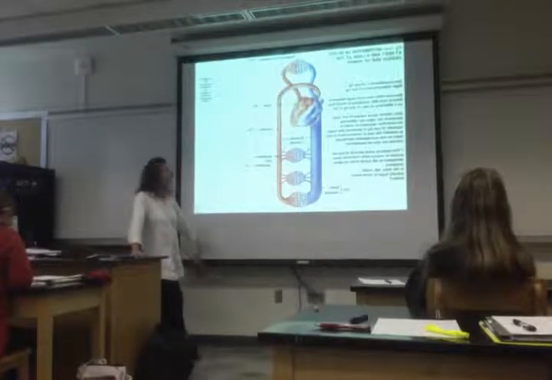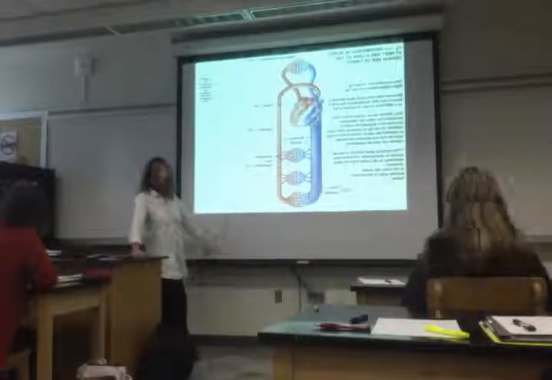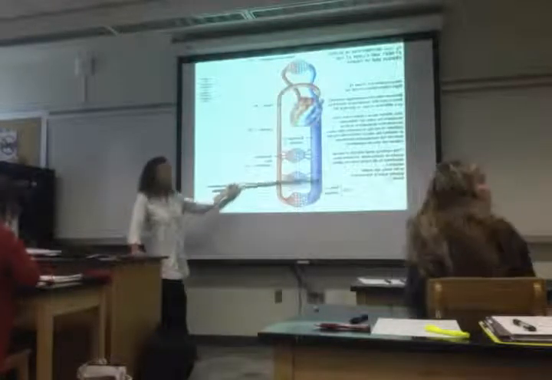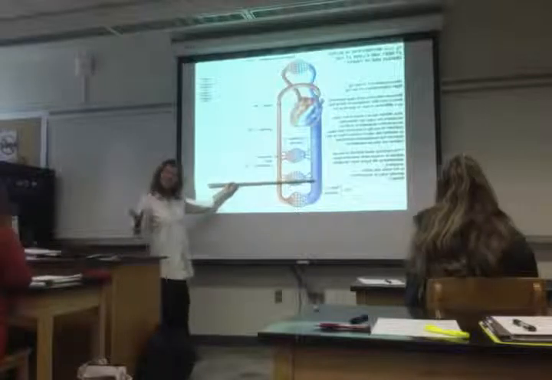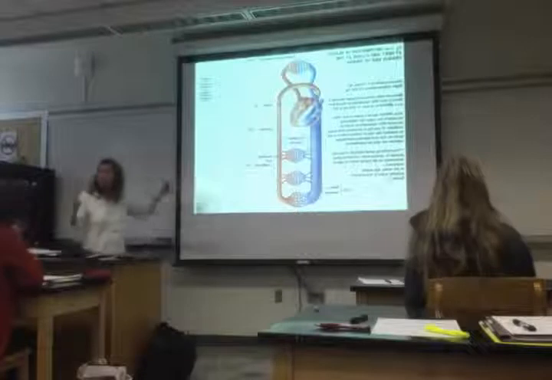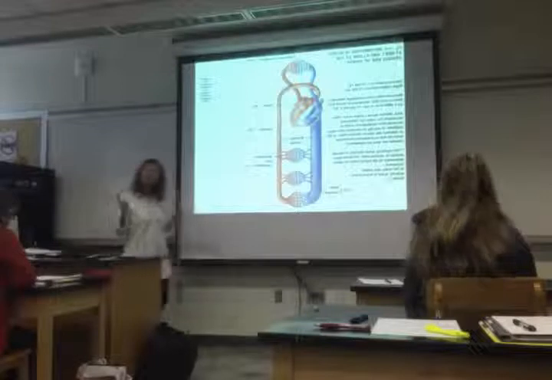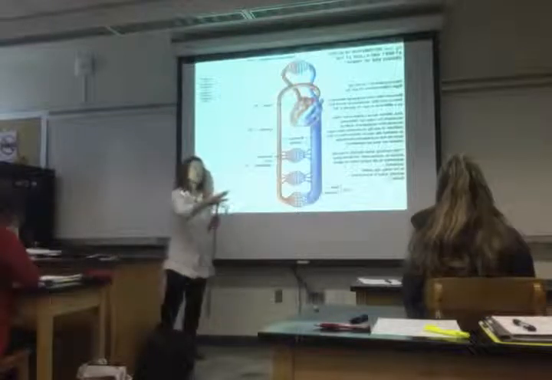The differential between the veins at 10 millimeters of mercury and the right atrium at 0 is a differential of 10. It's good enough to generate flow, isn't it?